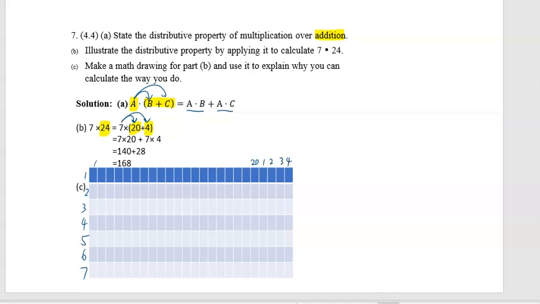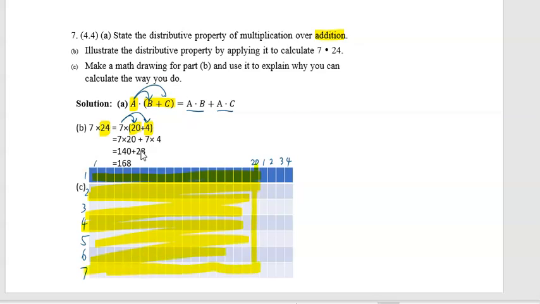So the drawing for 7 20s, 7 rows and 20 columns, will be from here all the way down here. Don't worry about the blue color there, because I used a table, and the table automatically makes the first row a different color, but they should be the same color.